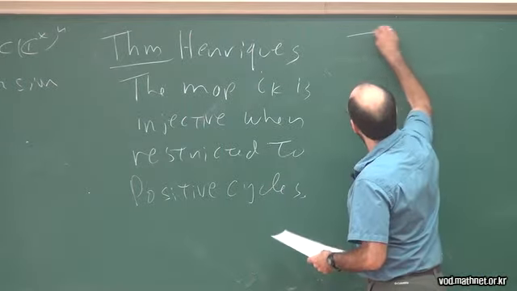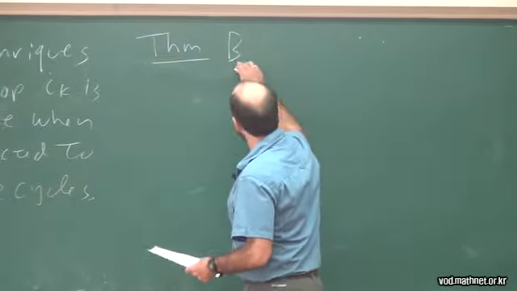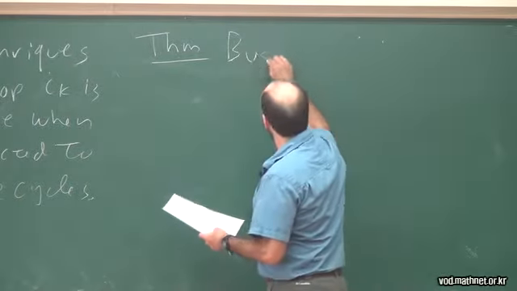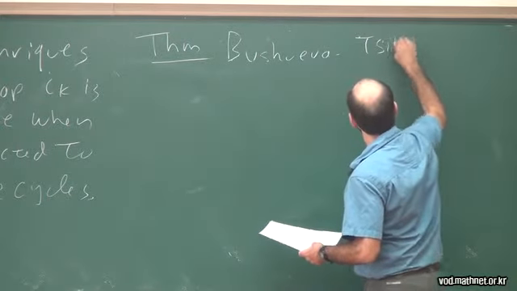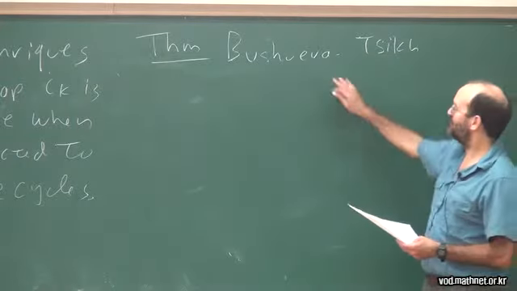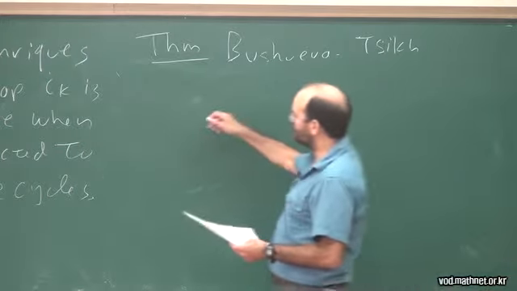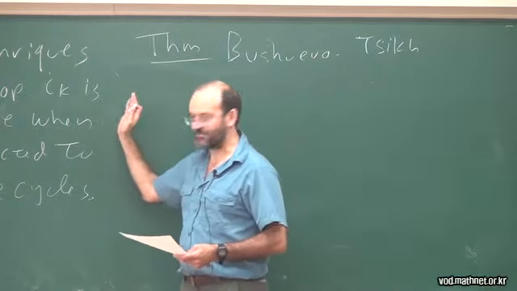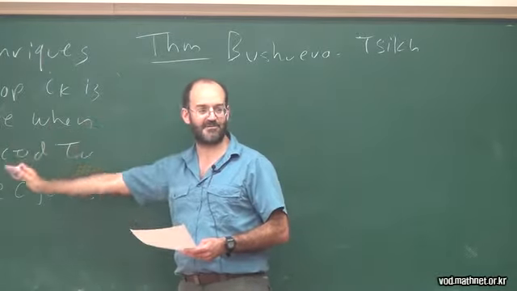But then there's a theorem by Bushueva and Seek. I didn't double check my spelling on this. Did I spell her name right, Munir? Okay, his name is right for sure. So what they showed, this was mostly a little bit algebraic, geometric, and topological, his proof.